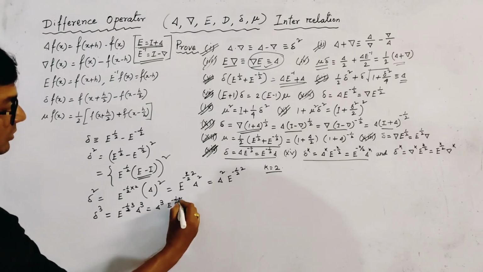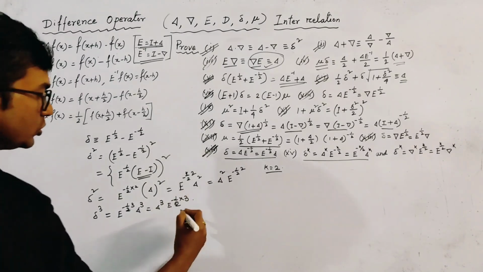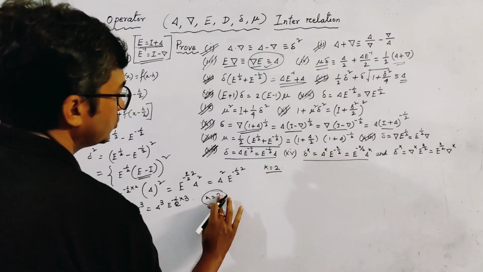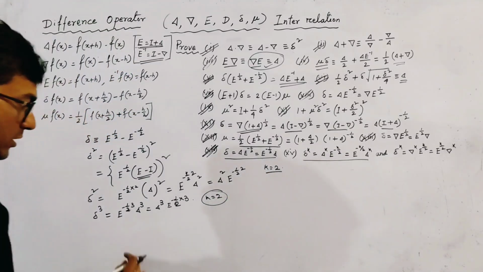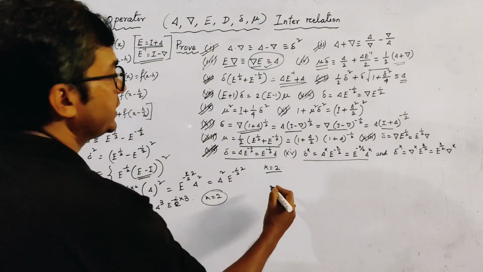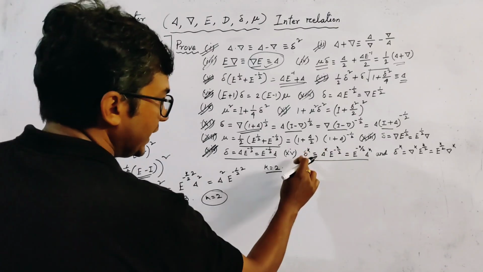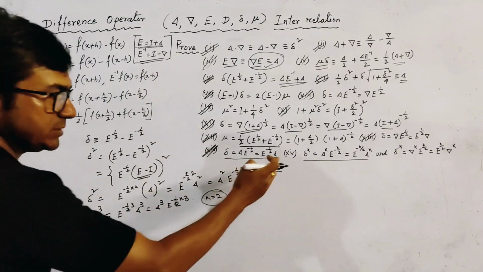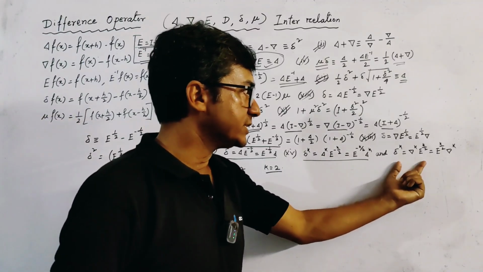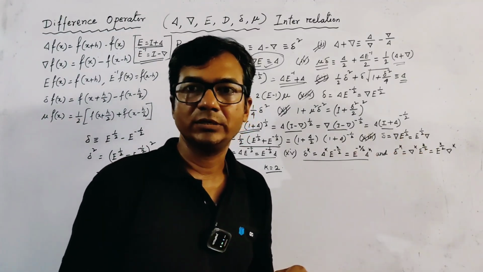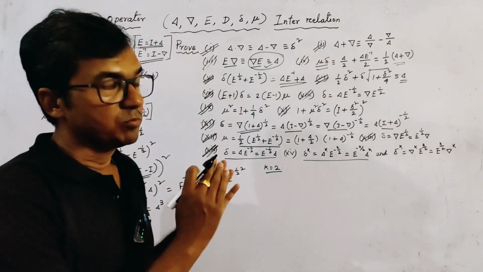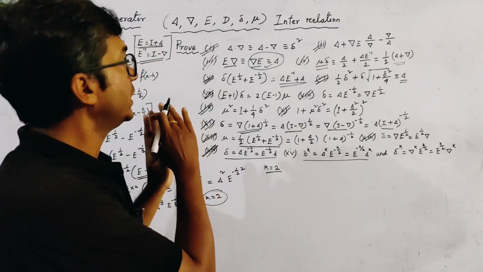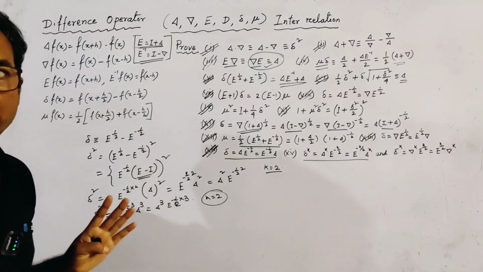So we get the relation for k equal to 3 here, and in a similar manner we get it for k equal to k, or for any positive integer. Similarly we prove this relation, and this is your home task. Thank you for watching. These are all the relations between the difference operators.